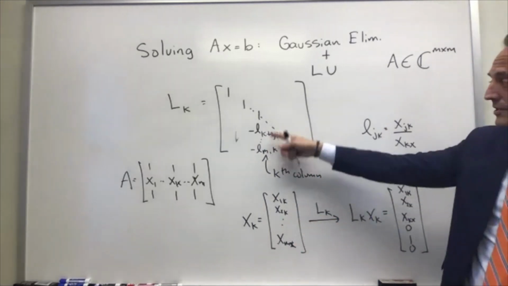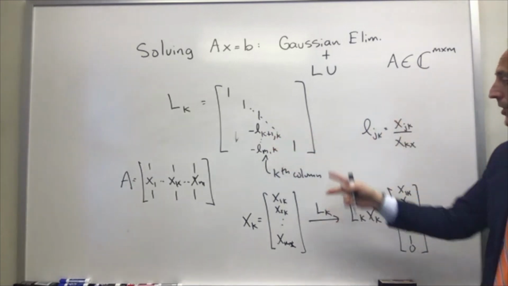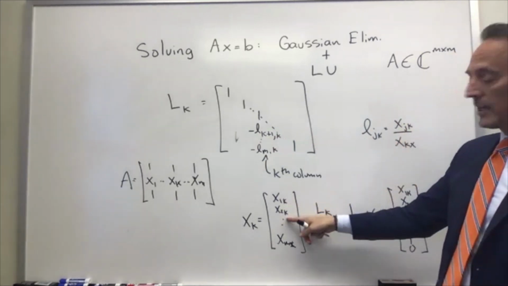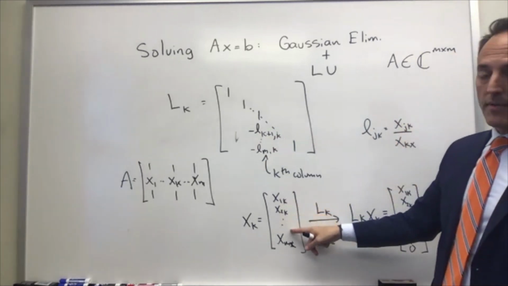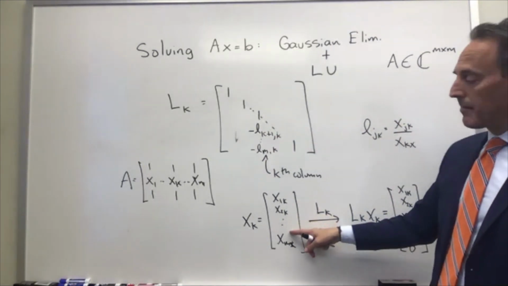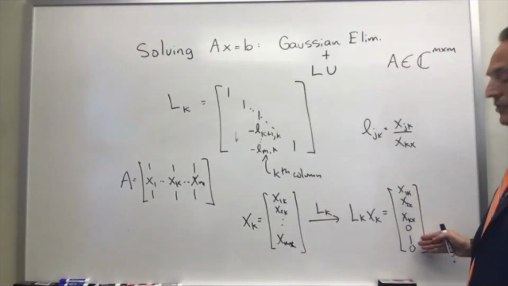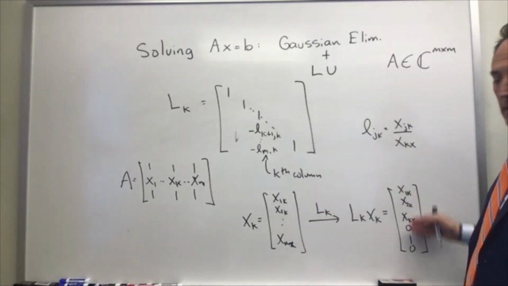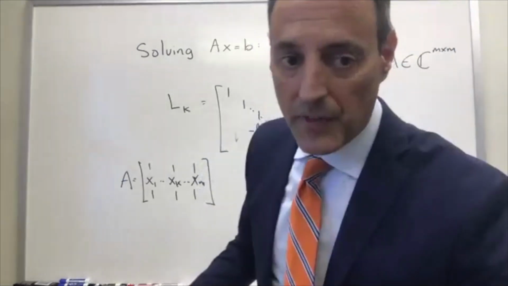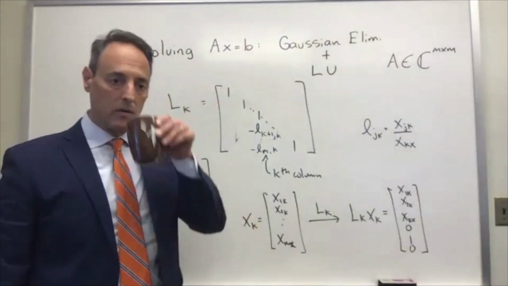And that's what these are intended to do. Notice, if I put these in here, what's going to happen is, when I come to the x_kk term, if I want to eliminate the entry below it, I figure out what I have to multiply that equation by to make it look like x_kk, and I subtract the equations, and that's what you get. This is a Gaussian elimination procedure right there to eliminate everything below the diagonal.